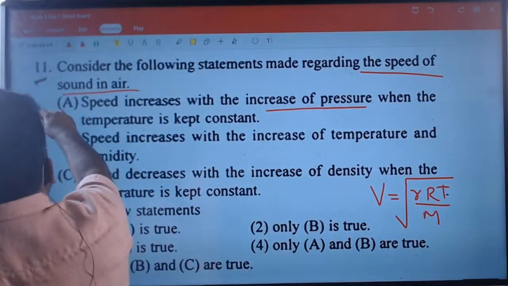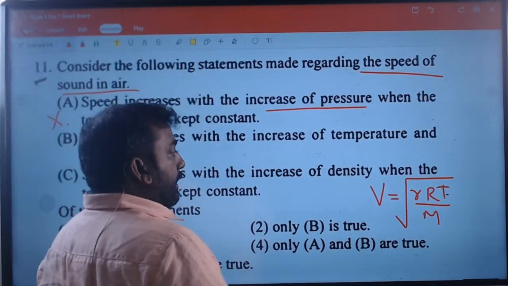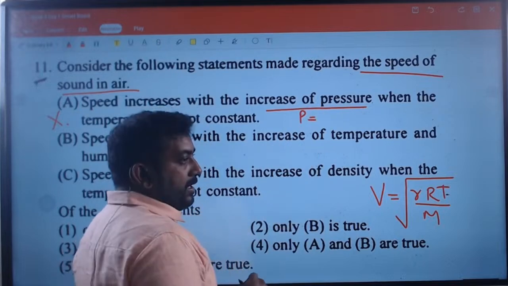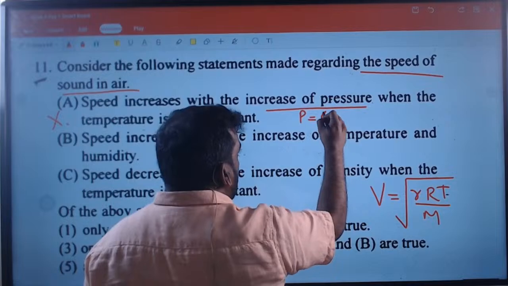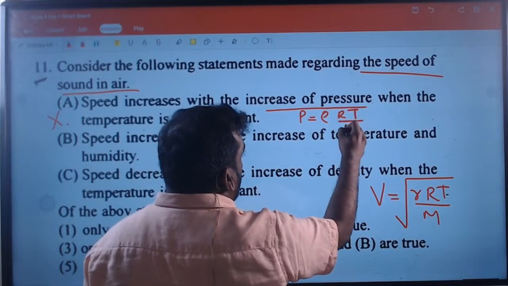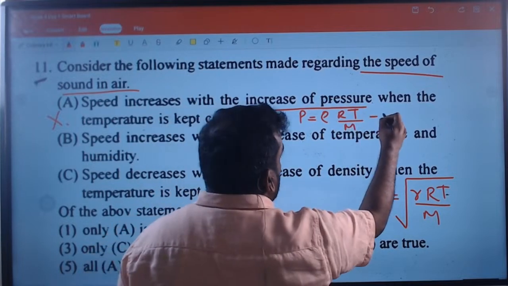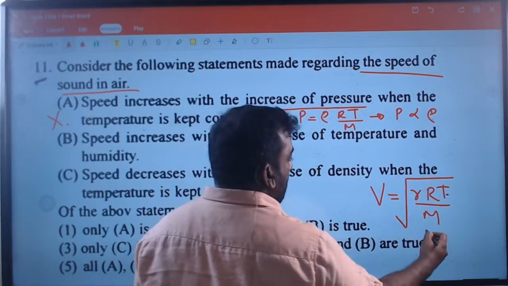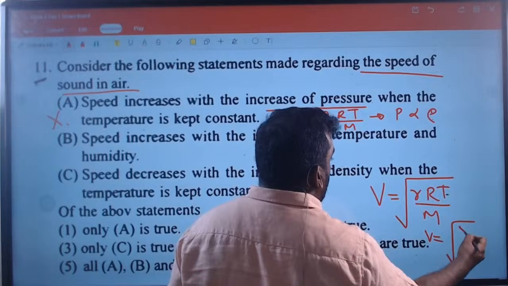Wrong. Temperature is constant. Look at this: P equals rho RT over molar mass. Pressure is proportional to density. Remember, there is another equation, V equals the square root of gamma P over rho.